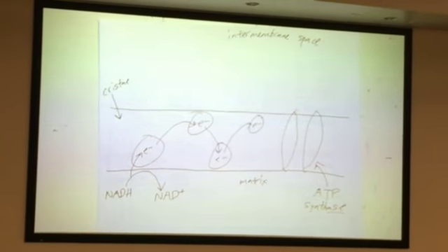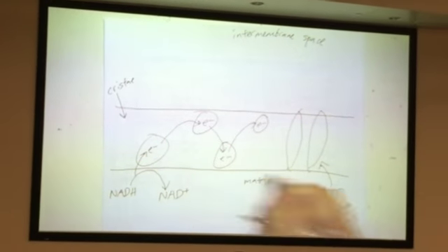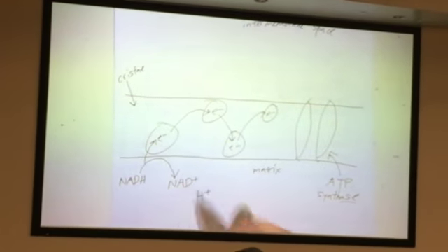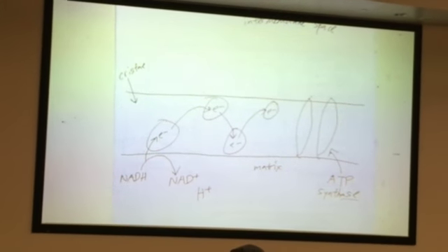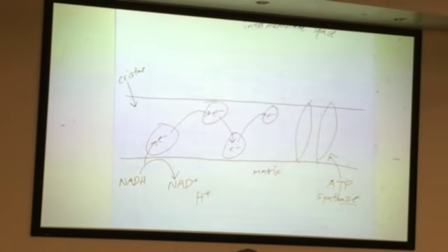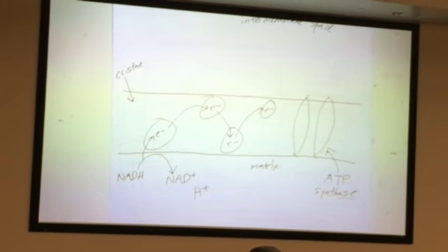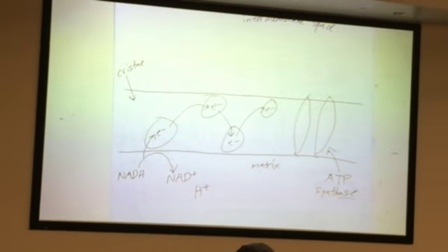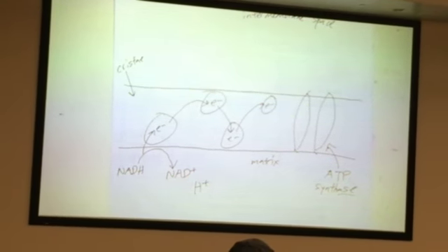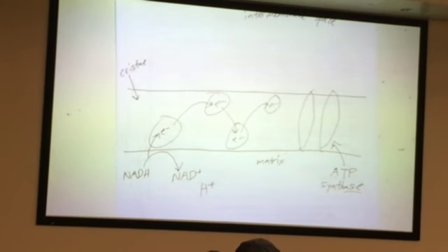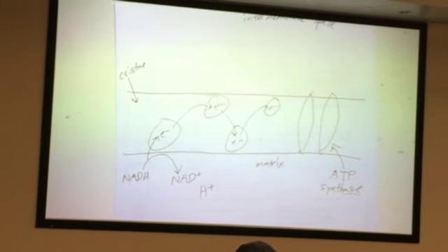Because of their jumping across, we have protons, okay? Protons are symbolized as H plus because, again, a hydrogen atom is only a proton and an electron. So if we take the electron away from hydrogen, we end up with H plus, or just a proton. Okay? So the movement of these electrons creates something called proton motive force.